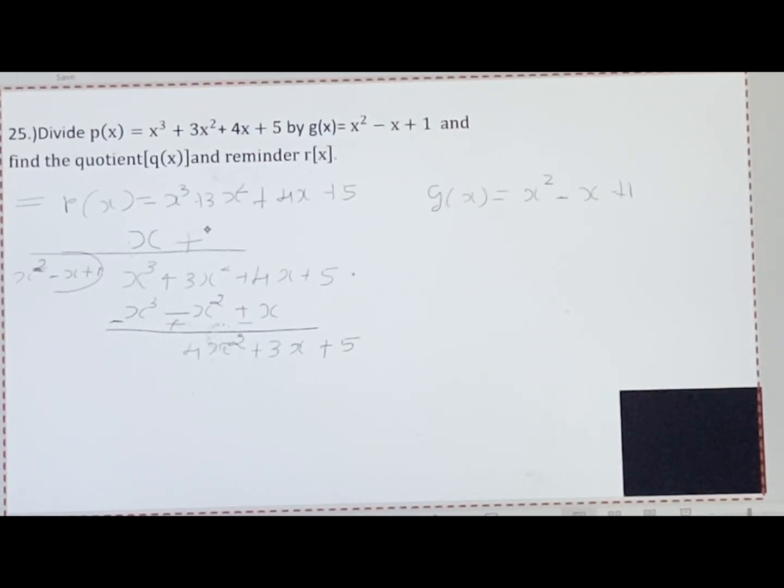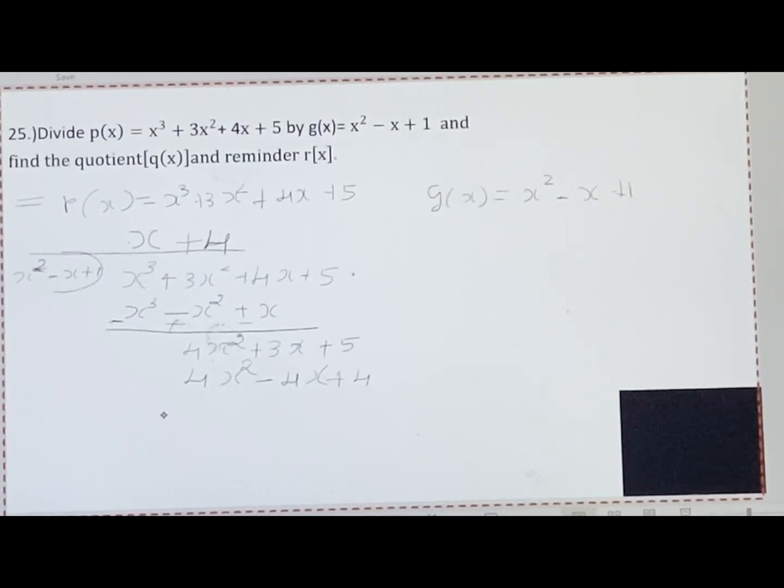Do not forget to write the symbol as well. So now I'll multiply this 4 with this equation. 4 into x square is nothing but 4x square. Next we have minus symbol. 4 into minus x is nothing but minus 4x. 4 into 1 is nothing but 4.